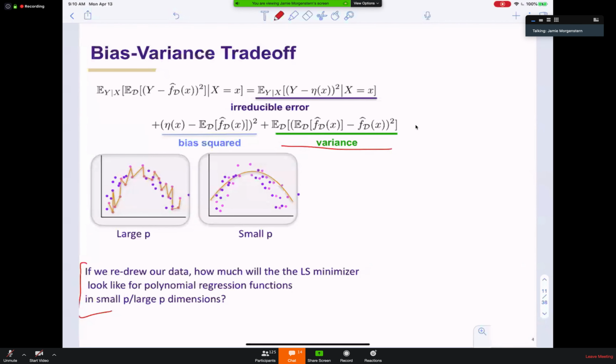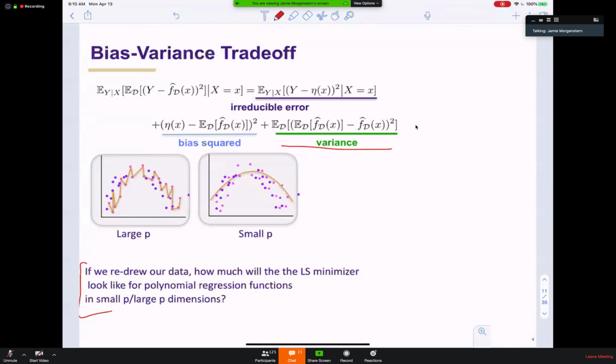I'm asking everyone to fill out this quick poll, which is just asking whether we expect small p or large p to have larger variance. People seem to be able to look at that. Initially about 10 of you have filled it out, so I'm going to let it go for another second.